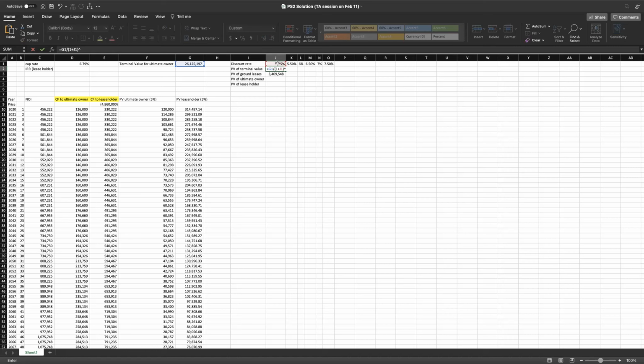Although I use the NOI in year 76, the value of this future perpetuity will be in year 75. So the present value of the terminal value will be this amount, like 672,000. You can see it's actually very small. It just shows how valuable the earlier cash flow is.